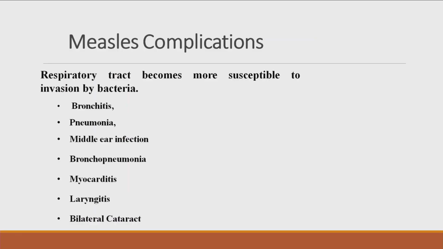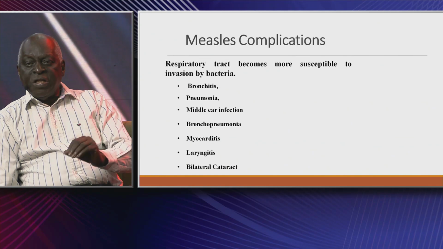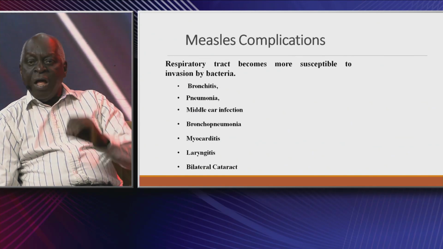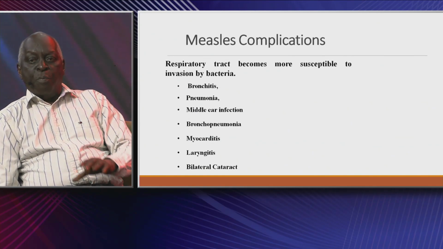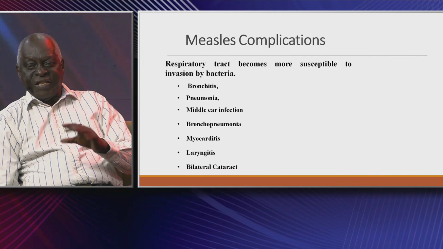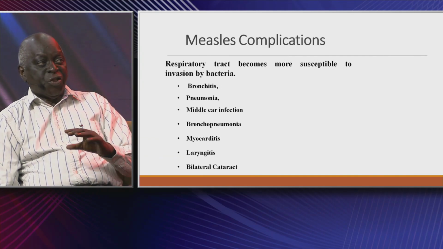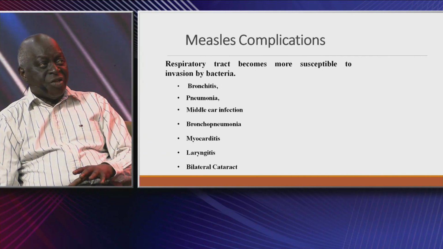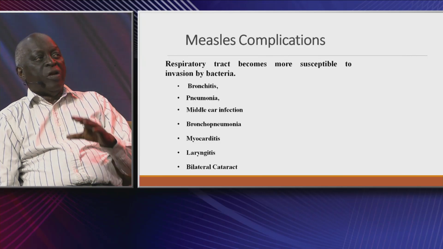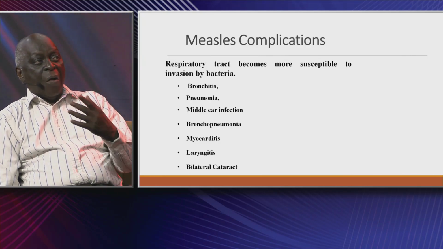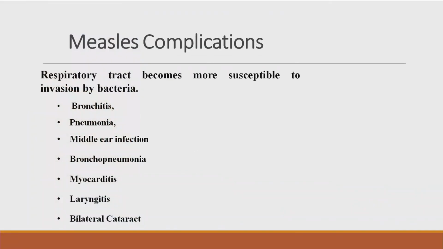Respiratory tract becomes more susceptible. Yes, I need to say this, because measles is one of those viral diseases where there's immunosuppression, but not at the stage of what we see with HIV anyway. The immune system is suppressed. So therefore, this gives room to complications. Respiratory tract becomes more susceptible to invasion by bacteria.